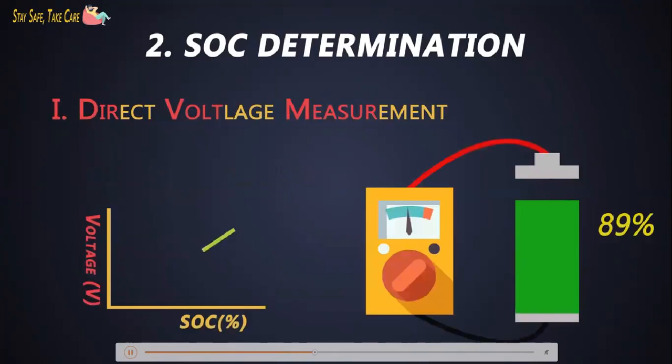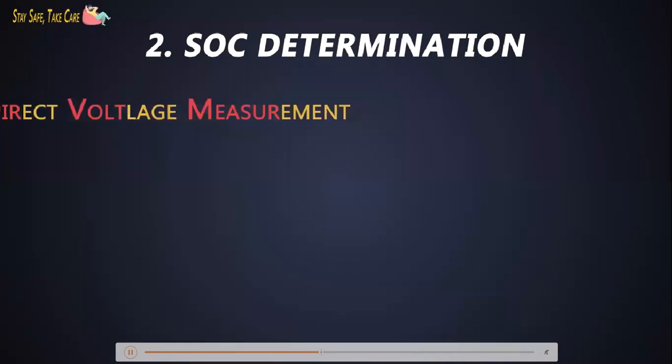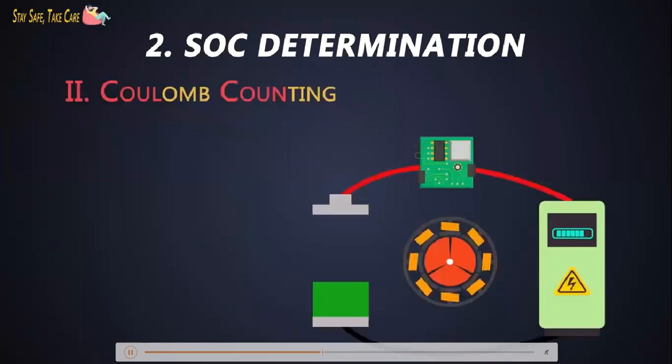In the voltage method, as the discharge cycle of the battery progresses, the battery voltage decreases. In the Coulomb counting method, the current coming in or going out of the battery is measured over time to calculate the relative amount of charge.